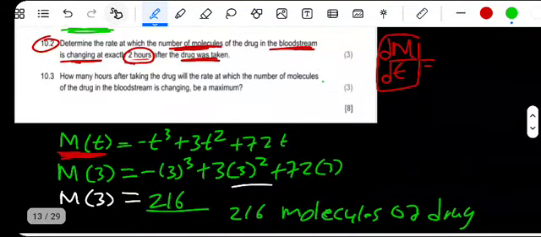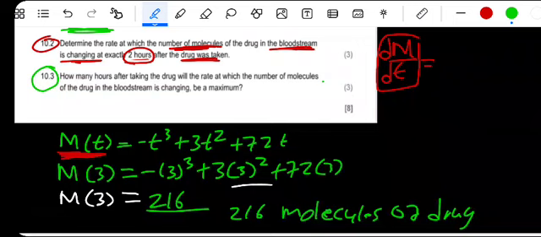So we have now here 10.3, which says: how many hours after taking the drug will the rate at which the number of molecules of the drug in the bloodstream is changing be maximum?